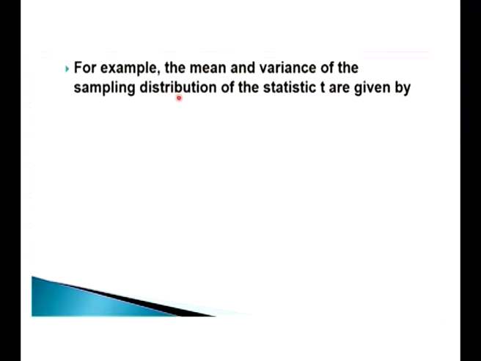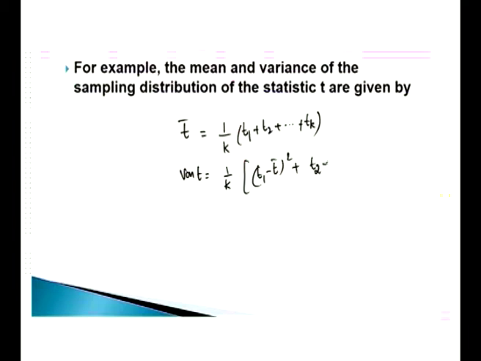For example, the mean and variance of the sampling distribution of T are given by T bar equals T1 plus T2 plus etc. plus Tk, divided by k, since there are k samples. And the variance of T is equal to 1 by k times (T1 minus T bar) whole square plus (T2 minus T bar) whole square plus etc. plus (Tk minus T bar) whole square.